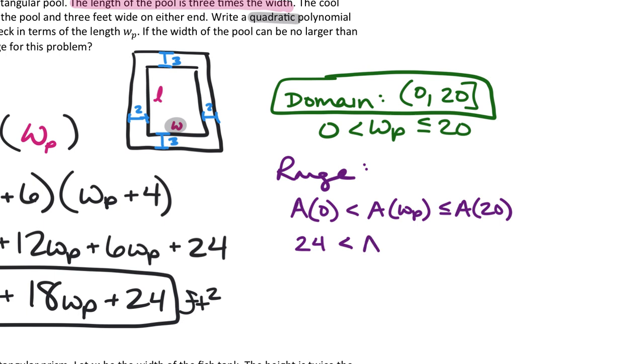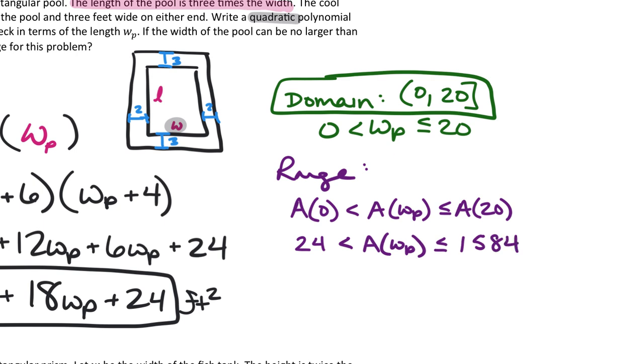Now what happens if you plug in 20? Ooh, good thing we have a calculator today. Can y'all plug in 20 to that function, please? What do you get when you plug that in? 1,584. I agree, 1,584.